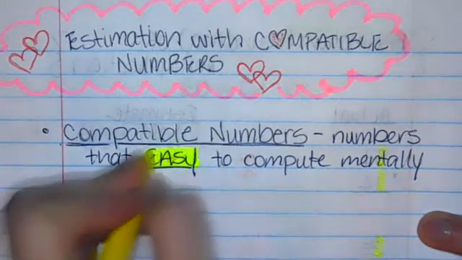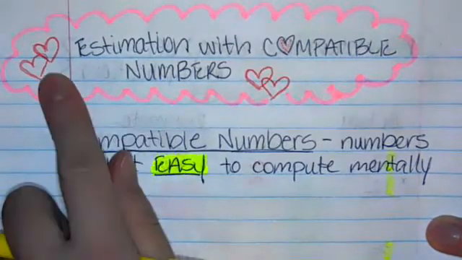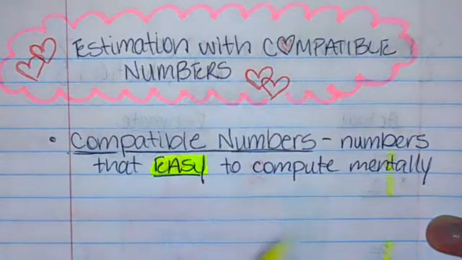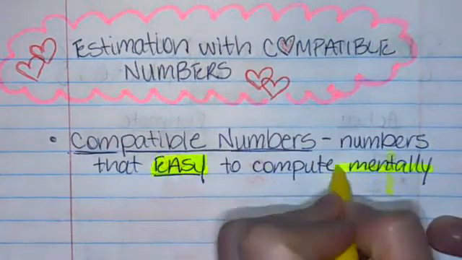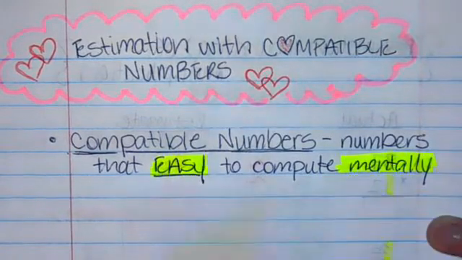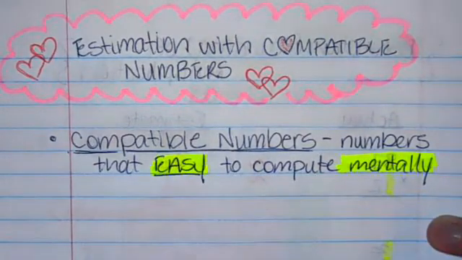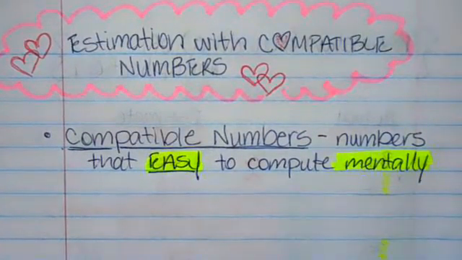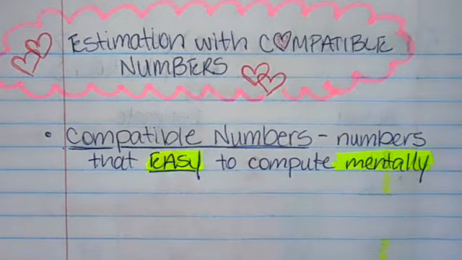They go together well. That's why I have these little hearts right here, because we're talking about compatibility. Like two people that want to be friends and get along really well together. So we're thinking about two numbers that are compatible. They go together easily, and you can just solve those problems in your head super quick.